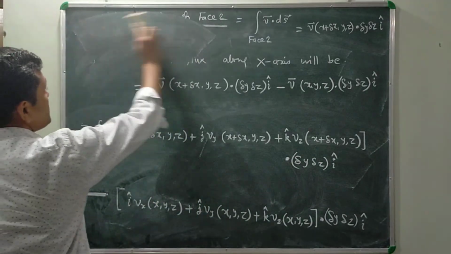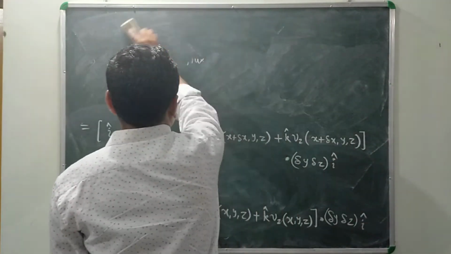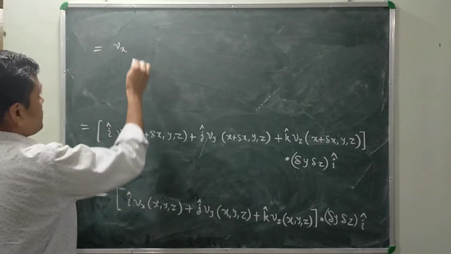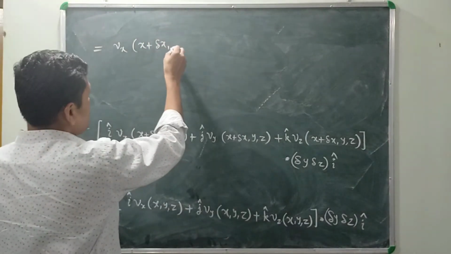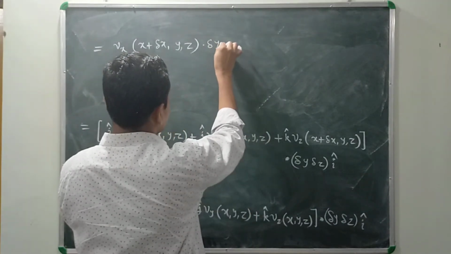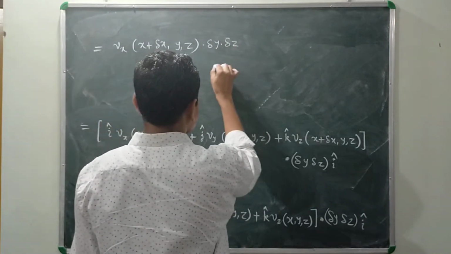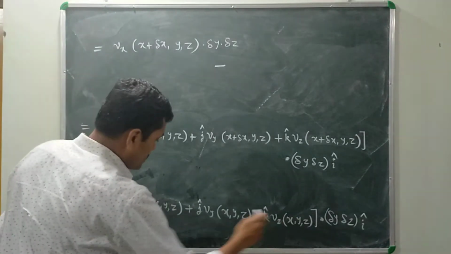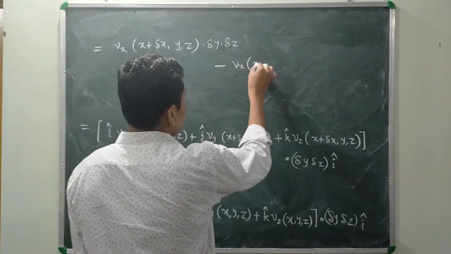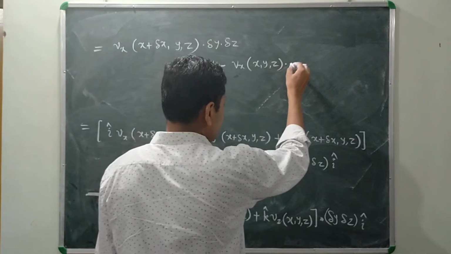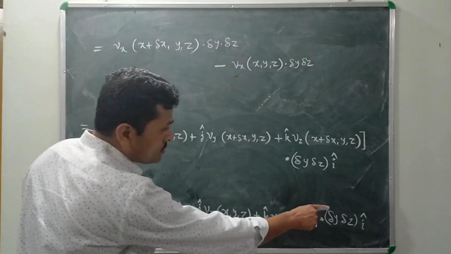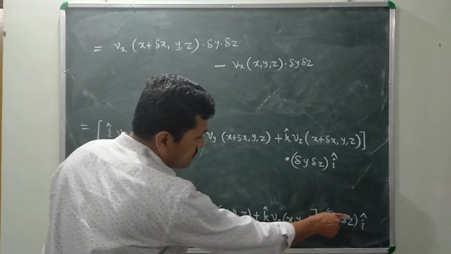So this whole expression may be simplified very easily, and it may be written as Vx(x plus delta x, y, z) into delta y into delta z, then minus here also this component into this component will be Vx as a function of (x, y, z) into delta y delta z, and j vector dot vector i cap will be 0, vector k cap dot vector i cap will be 0.